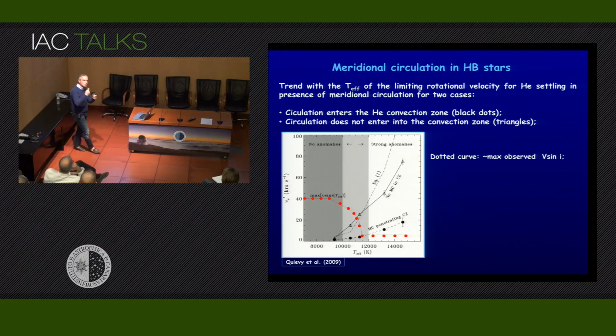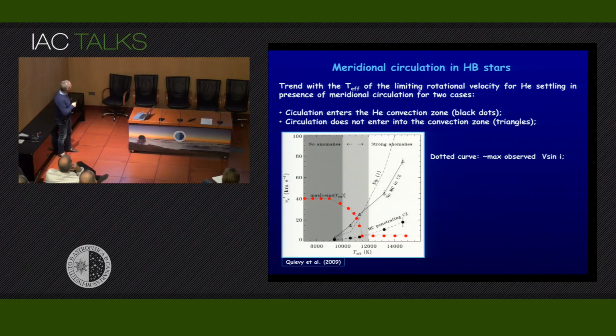When you have rotation, you have some induced mixing. This mixing can mix all the outer layers, so erasing the effect of levitation and diffusion, okay? So what they note is that the rotational pattern observed in stars on the horizontal branch is compatible: all cool stars rotate faster than the minimum velocity that you need in order that rotation-induced mixing erases the effect of levitation.